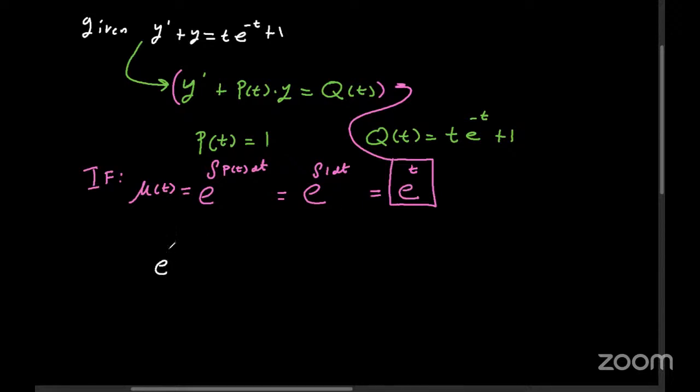So this would be e to the t y prime plus e to the t y equals t e to the negative t times e to the t plus e to the t. Okay, this is our new form.